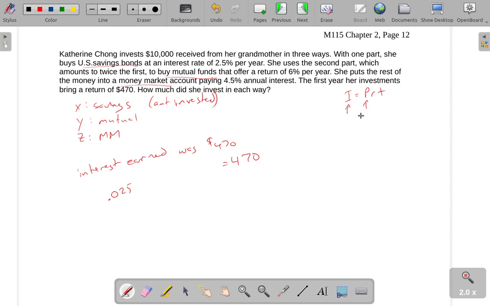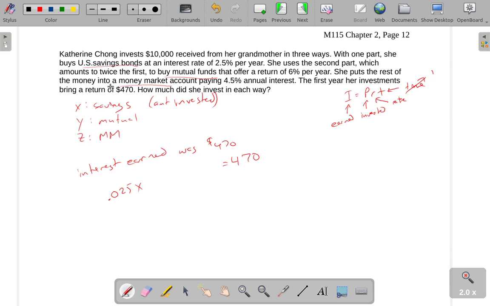This is your principal, the amount invested. This is your interest rate. And this is the time. We're saying this is over a period of 1 year, so this is just going to be a value of 1. So you can see the amount of interest earned is just going to be the amount invested times the interest rate. So we're just going to take that 0.025 times the amount of money invested in savings, which we're conveniently enough calling X.